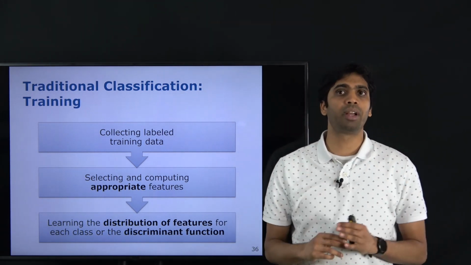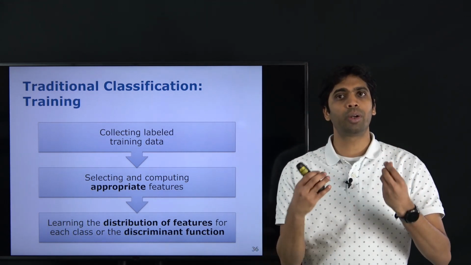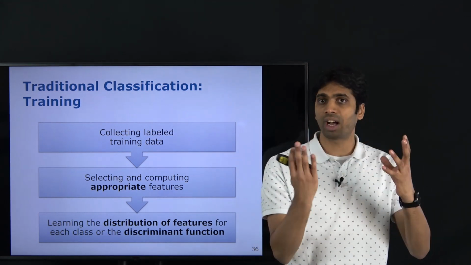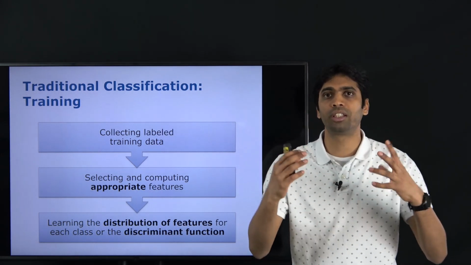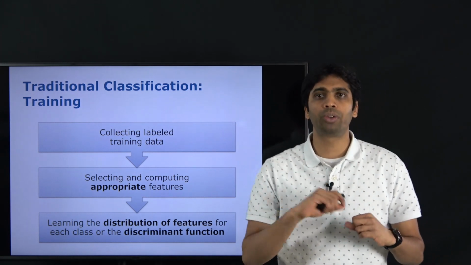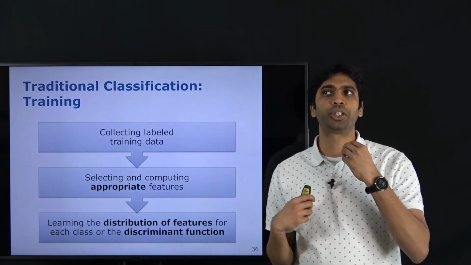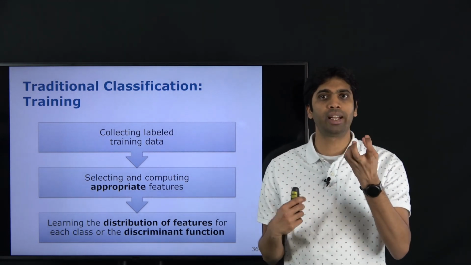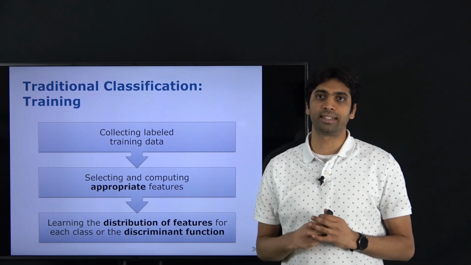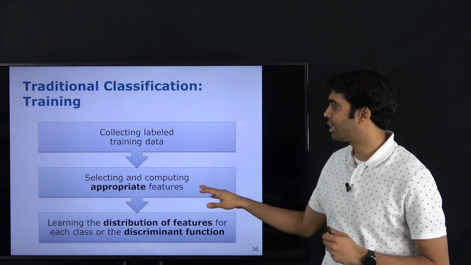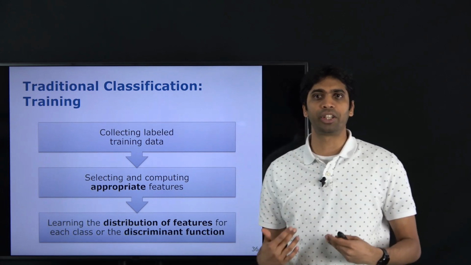This itself could be our feature vector. But if you think of it, it's often much more difficult to reason in terms of just RGB values, rather than if we compute certain features such as boundaries or contours or some other features which capture more meaningful data, which would help discriminate between the different classes that exist. So this is usually the second step. So what are the appropriate features for my application, right?